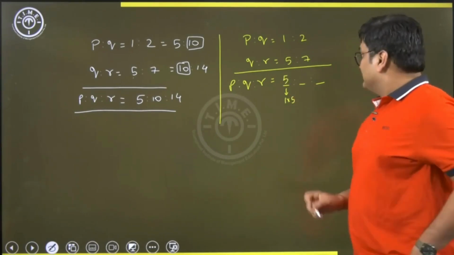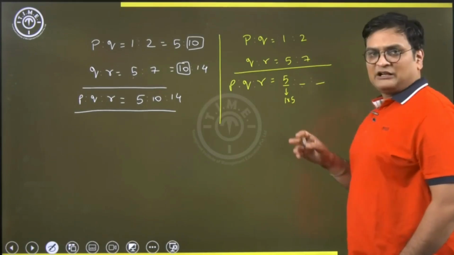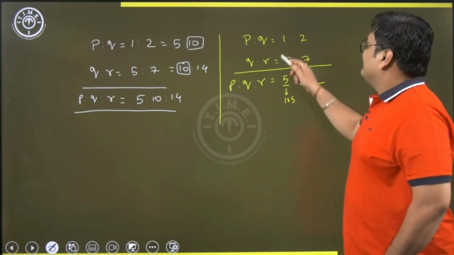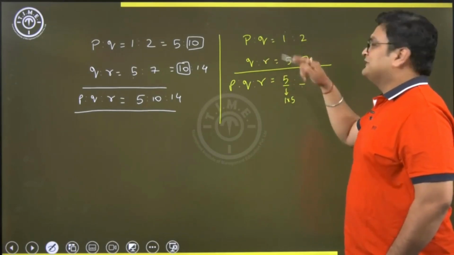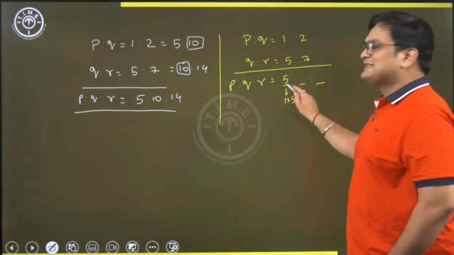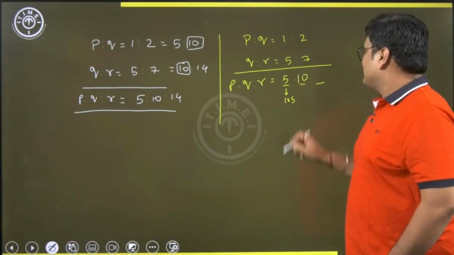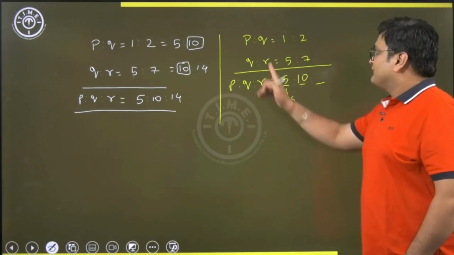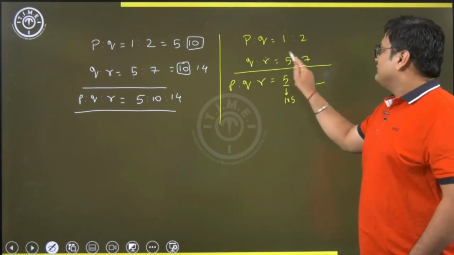I write it. Next, I need to fill the remaining 2 places pertaining to Q and R. Now how do we do that? I notice that from the first ratio, when P is 1, Q will be twice of that, 2. So here P is 5, so can I say Q will be twice of that? So that means Q will be 10. I write that. Next, from the second ratio, I notice that if Q is 5, R will be 7.